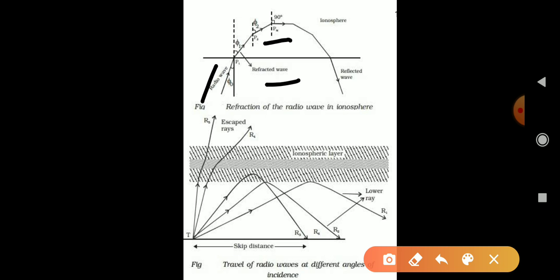This 90 degrees is showing that the refractive angle becomes 90 degrees, and here the wave is no longer refracted but reflects back to the earth's surface, like in this way.